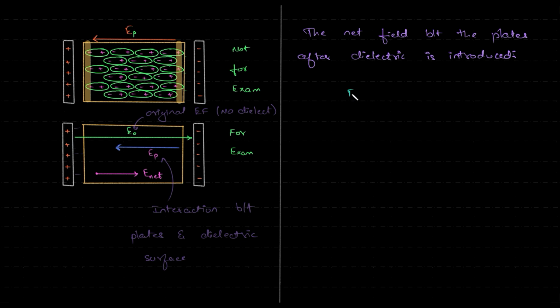So that will be nothing but E naught minus E P. Agree? So let's substitute stuff. We know that an electrical field is given by Q by epsilon naught A. This is for a parallel plate capacitor.